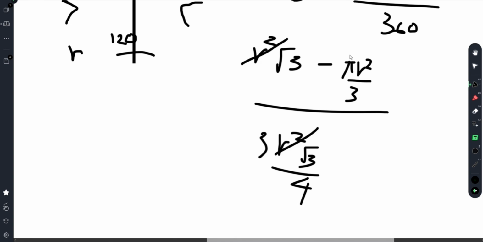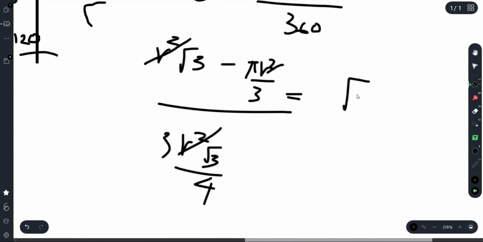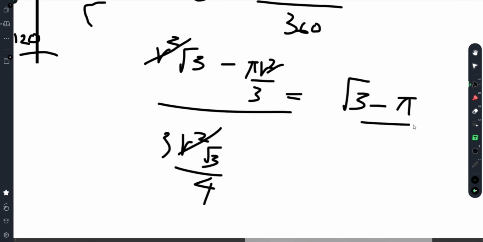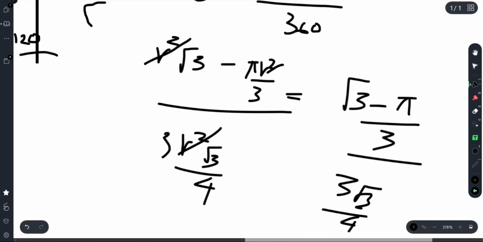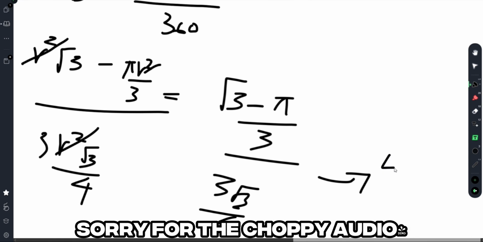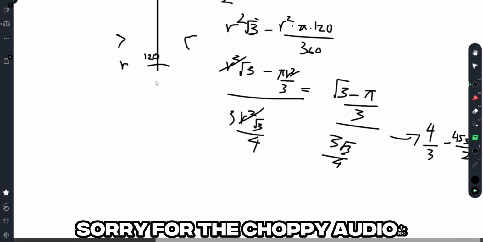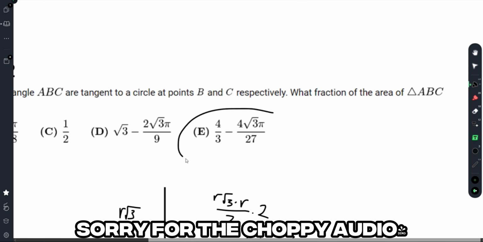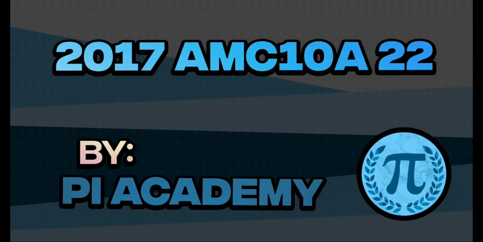Dividing off the R squareds, we get root 3 minus pi over 3 root 3 over 4. And doing this, we get 4 over 3 minus 4 root 3 pi over 27. Is that one of our answers? Yes, it is. E. And that's your answer.